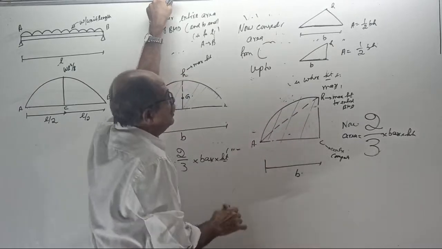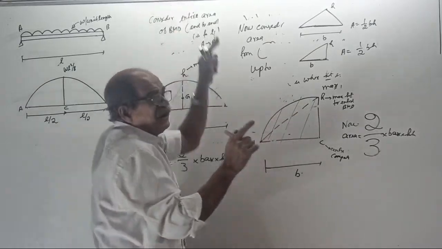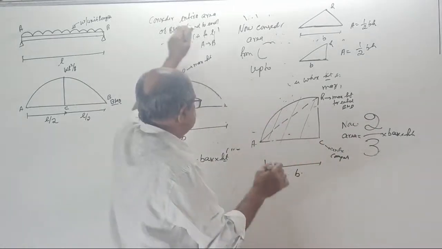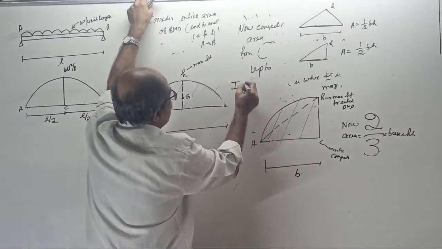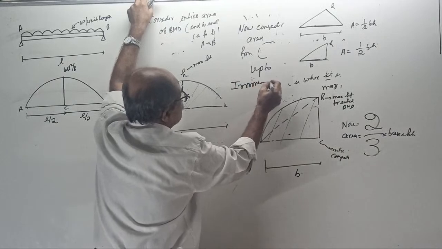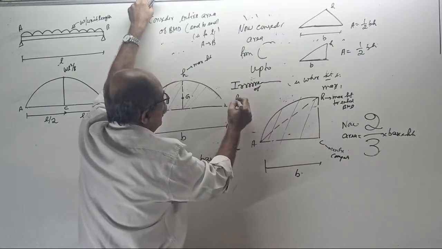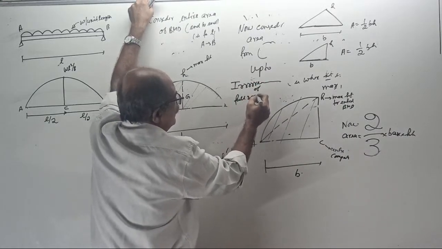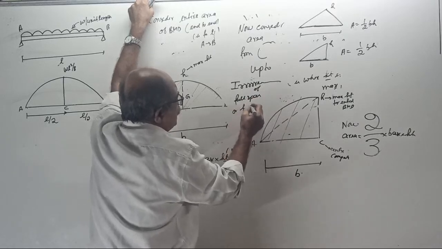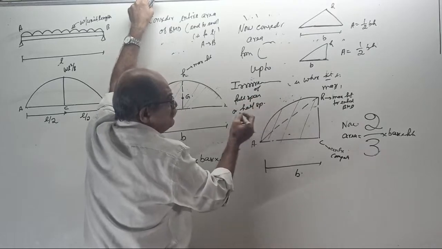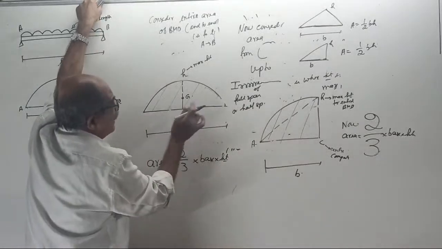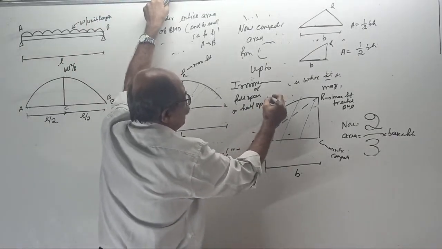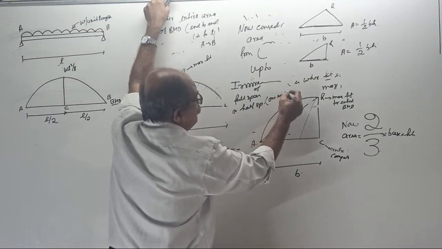It is more. So, irrespective of whether the full span is considered or half the span. Half the span means not somewhere here. Half the span means from one end up to the center.